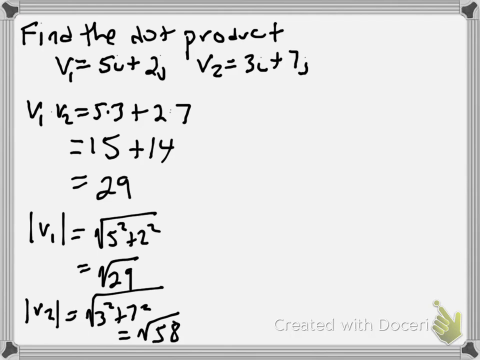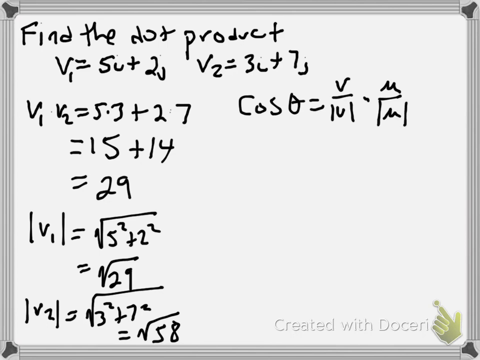Now, like I was saying earlier, our cosine of theta is going to be our first vector over its magnitude times our other vector over the magnitude of that vector.